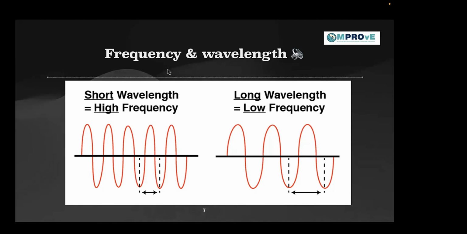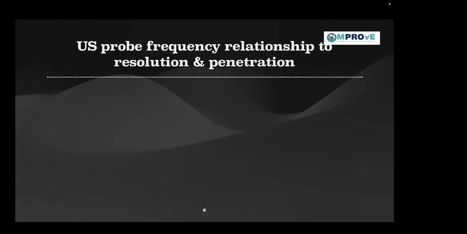If you have to look deeper into the body, then you have to go for a low frequency, higher wavelength probe. So if you want to look at the abdominal organs, then you would like to have a low frequency, higher wavelength probe.